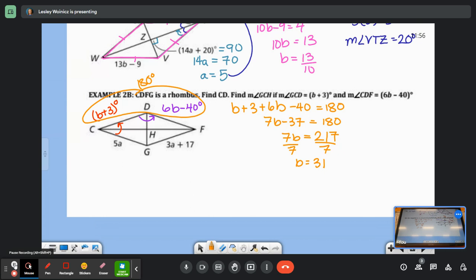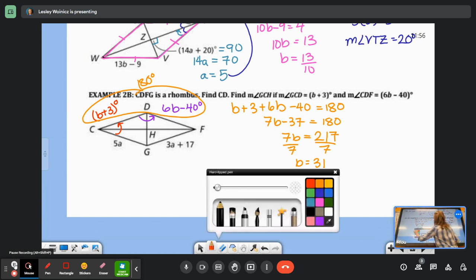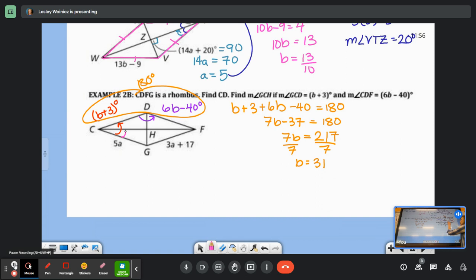We want to find GCH. Well, that's just this little bitty one. So can we take our 31, plug it in for this expression, and then we'll just chop that in half? Okay. So the measure of angle GCD is b plus 3, which is 31 plus 3, which is 34 degrees.